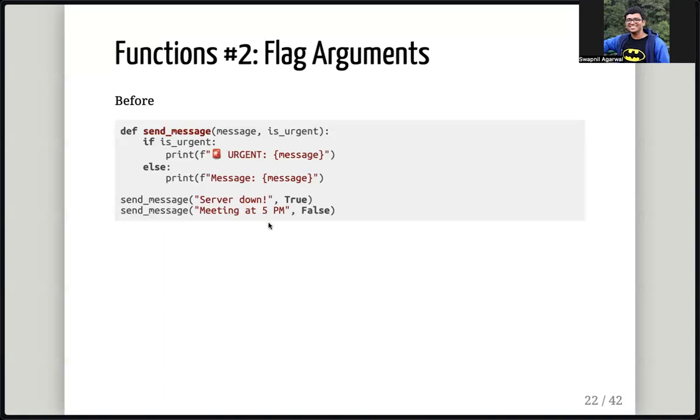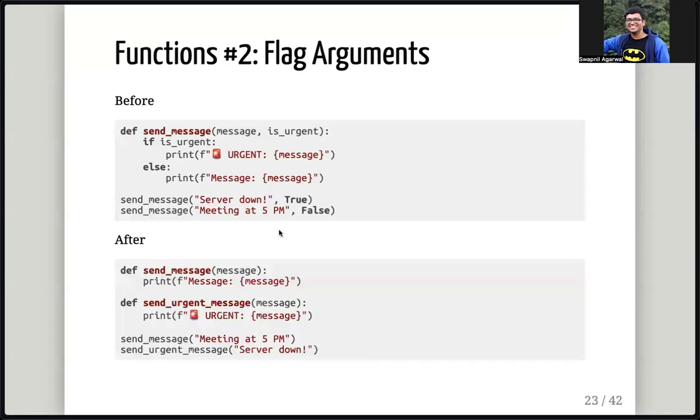So how do we resolve it? We remove that flag from the function. We just break it down into two functions: one is a normal send message, and then there is another function called send urgent message. Now, when you read the final two lines, send message meeting at 5 p.m., send urgent message server down, this is so clear.